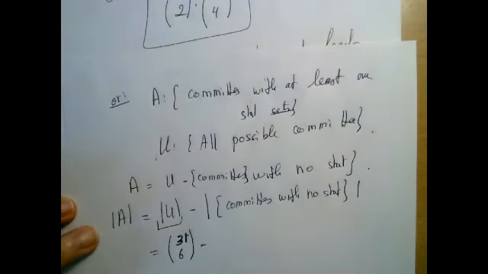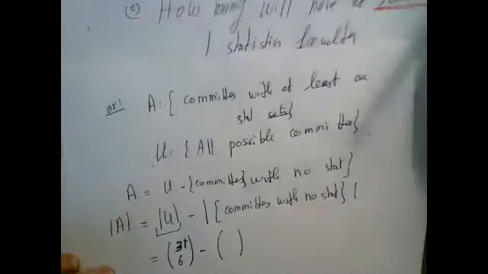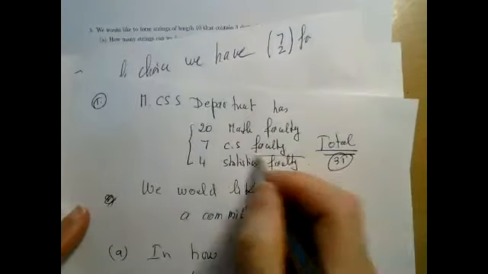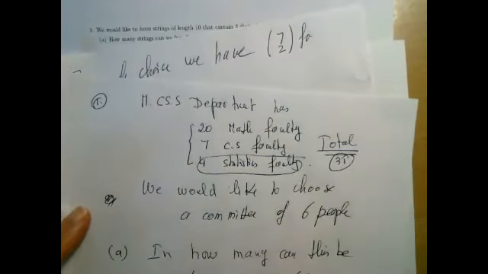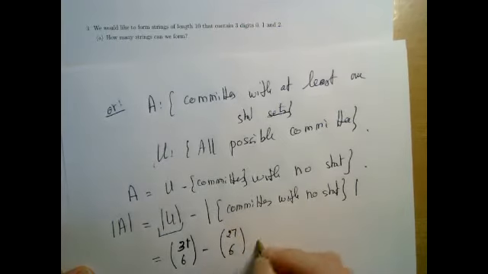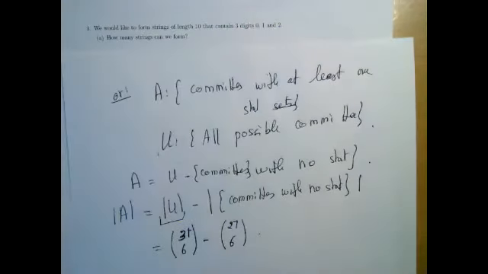That's my universe. Those would have no stat. Now I go back to my given. My given is that this whole school had 4 stat faculty. So if I don't want stat, those have to go, then my choice will be out of the 27. I pick 6 out of 27.